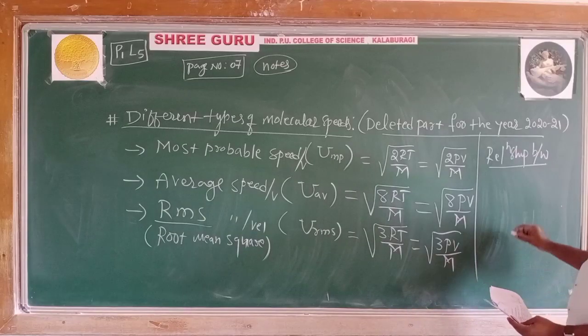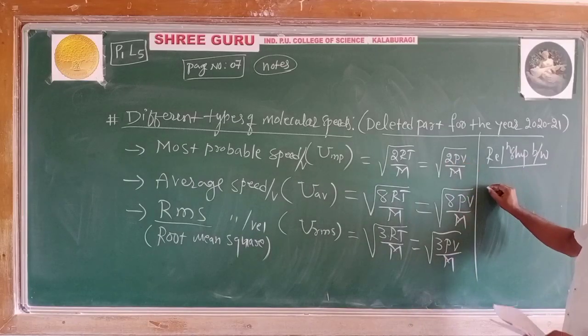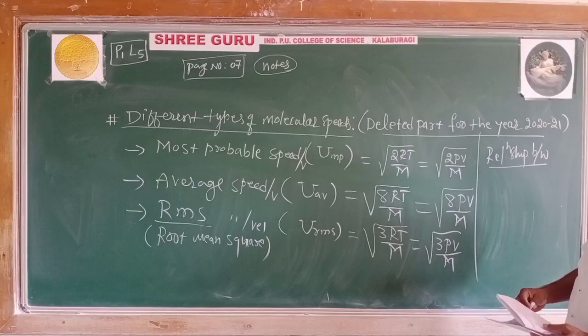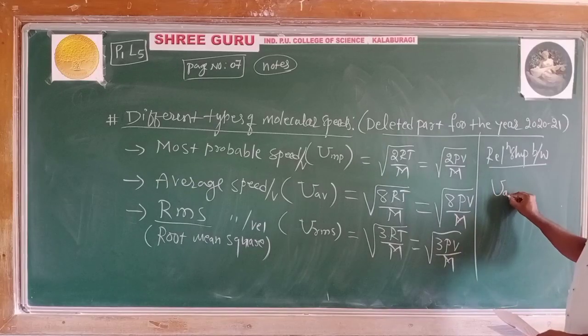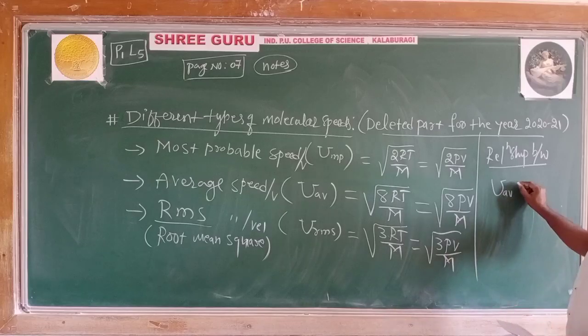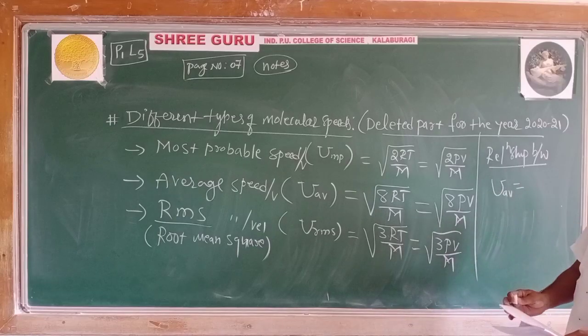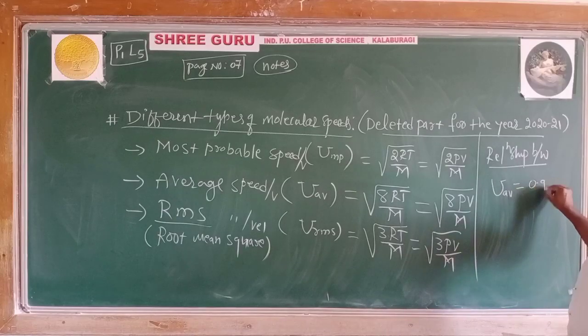Average velocity equals 0.921 times RMS velocity.